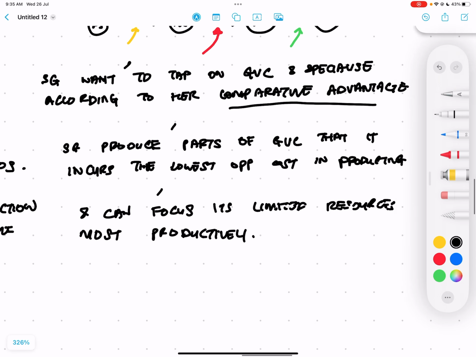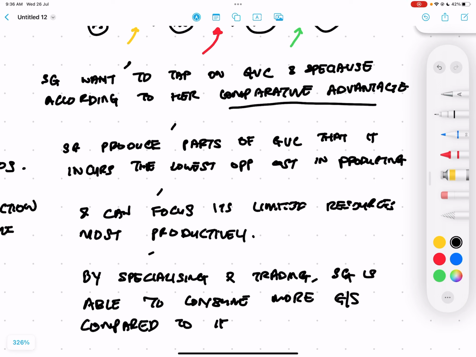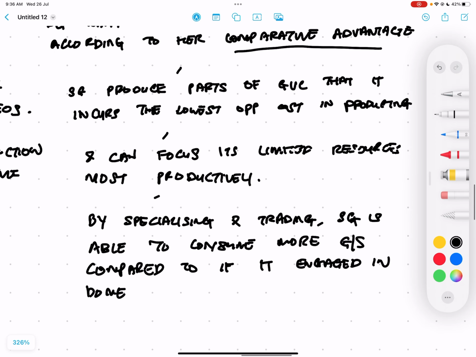And then by specializing and trading, SG is able to consume more goods and services compared to if it engaged in domestic production.